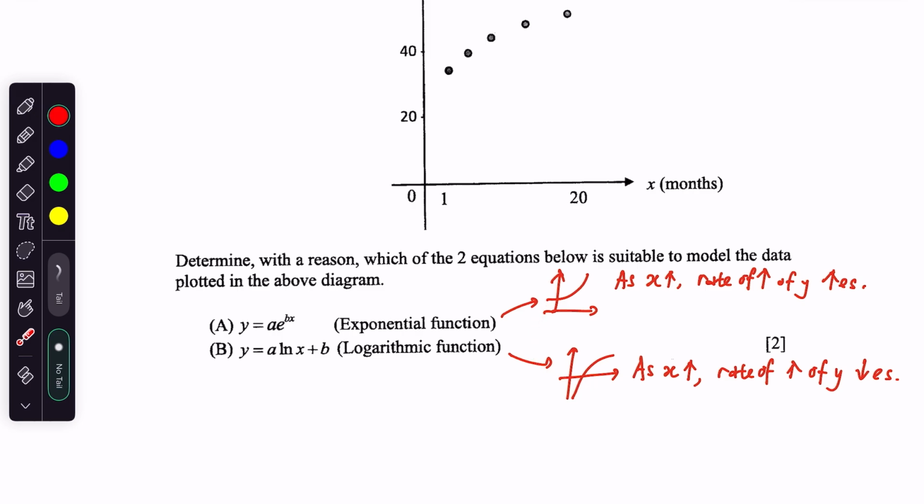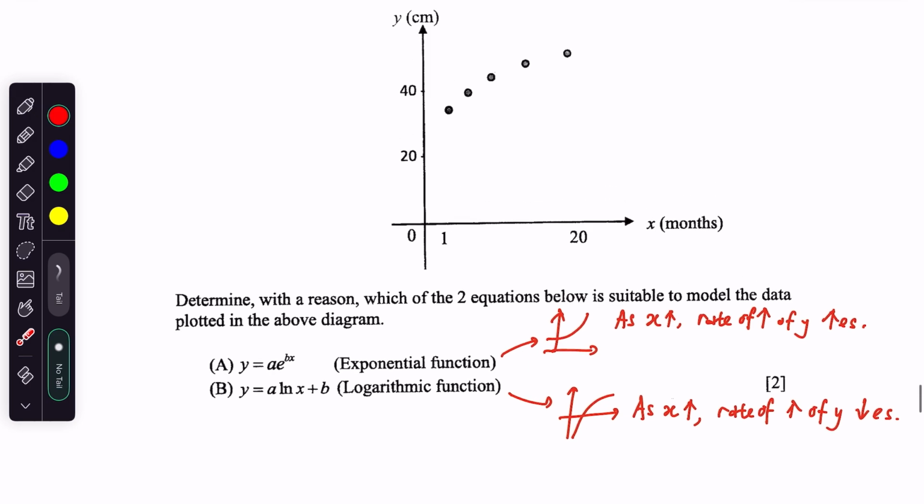Now, it can be quite clear from just the sketches that this should be a logarithmic function that describes the relationship. But we need to write it out in words.